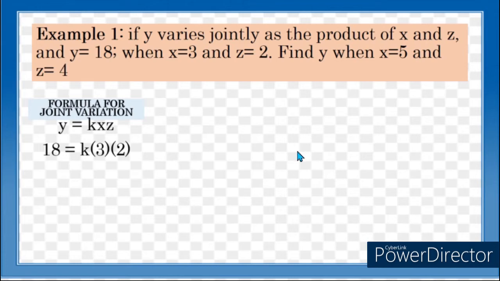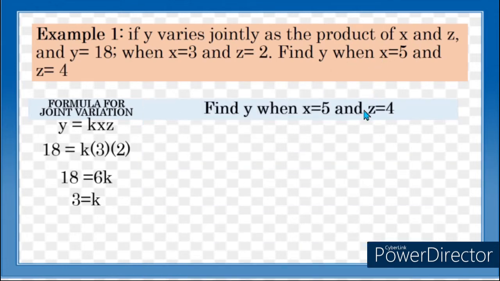3 times 2 is equal to 6k. So we have here an equation, 18 is equal to 6k. In order for us to find the value of k, we need to divide both sides by 6. So we have k is equal to 3. Next step is let us find the value of y if x is equal to 5 and z is equal to 4.